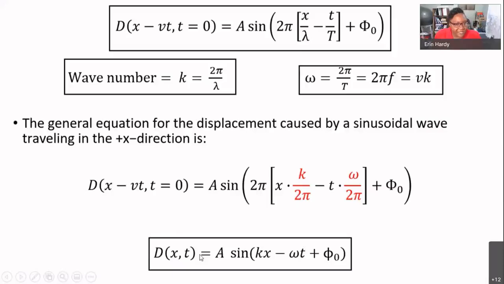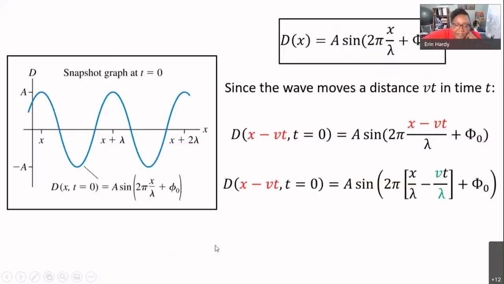So I've kind of unstuck it in time. I started off with a snapshot graph. I unstuck it in time. I've got the amplitude times the sine of this product k times x minus omega t plus phi naught. And this negative sign here is a consequence of the fact that we either knew or assumed. Let me go back and look at our notes.